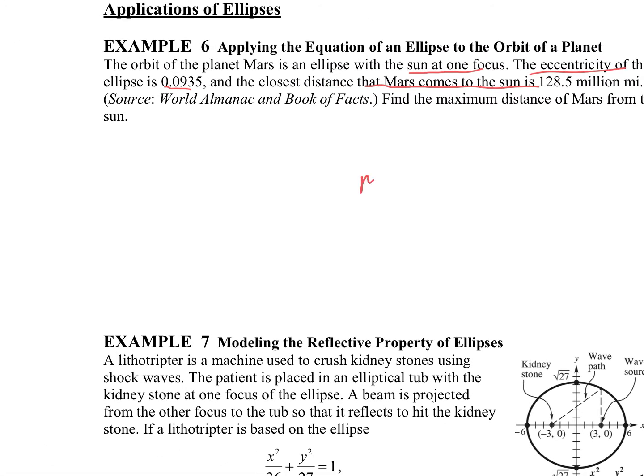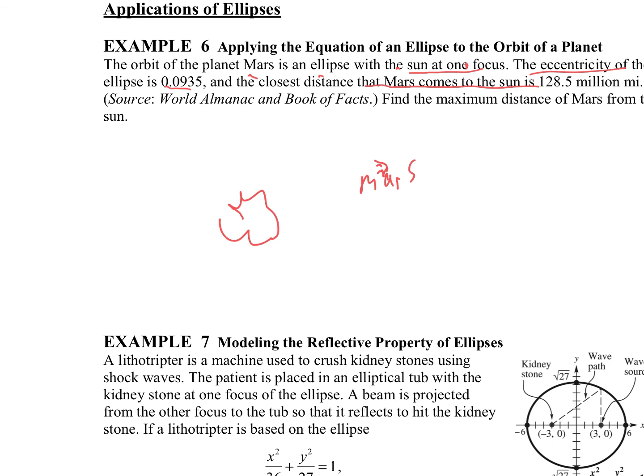So we've got Mars, and it goes around the sun. Here's the sun. Just like Mars, the ellipse has the sun as one of the focus points.